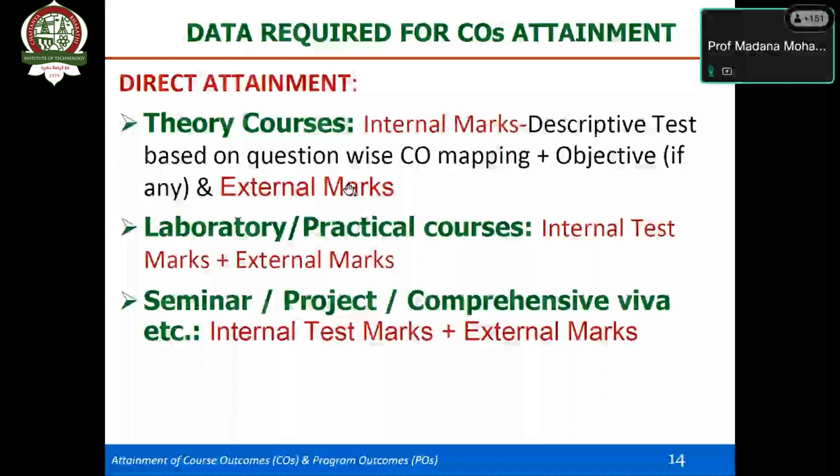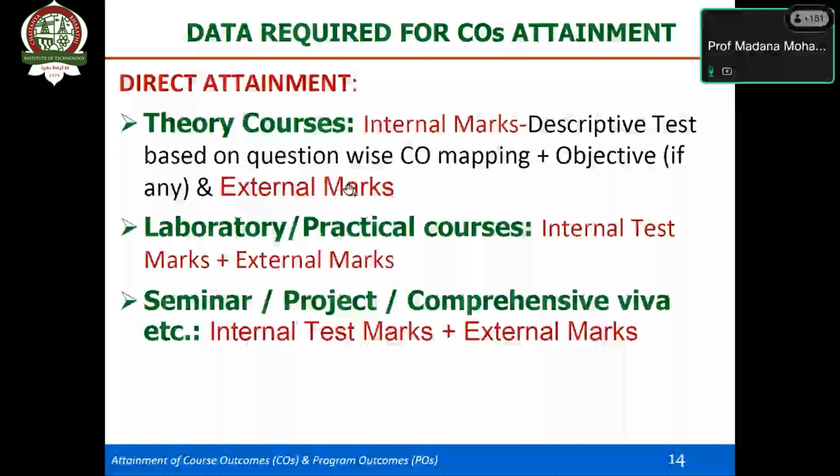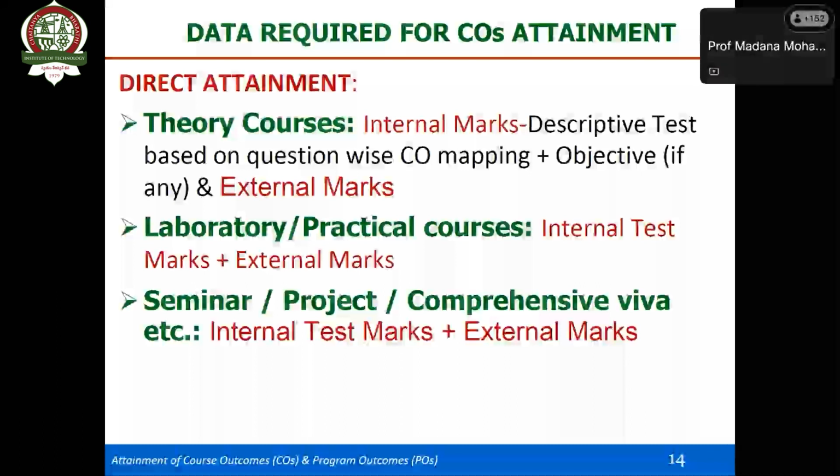If it is an external exam, in affiliated colleges there is no scope of getting question wise marks in the end exam. That's why there we are considering only the final marks, the marks released by the university. Some autonomous colleges have provision of knowing question wise marks also.